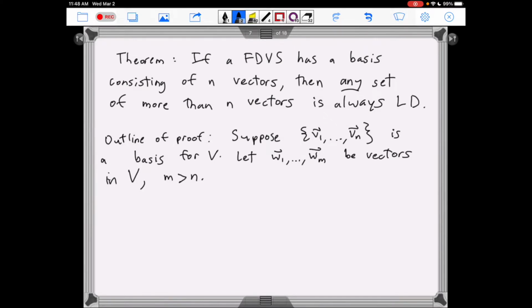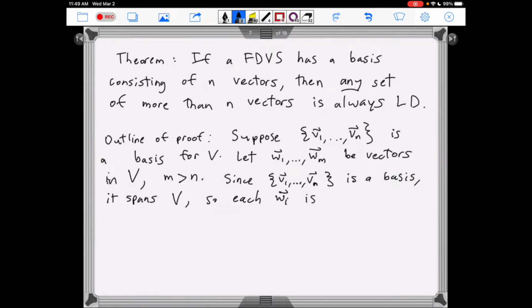So, since this guy is a basis, it spans V, so each Wi is a linear combination of the Vi's.